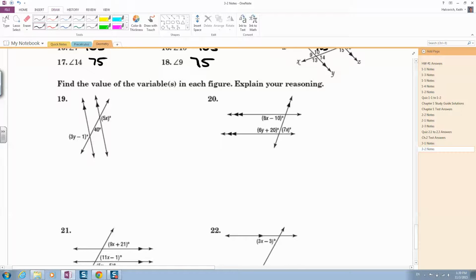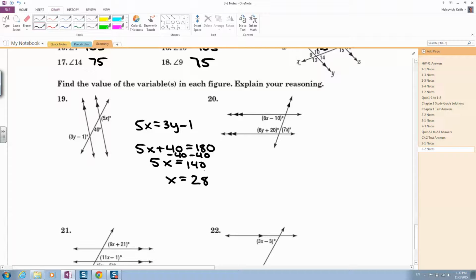Here it says find the value of the variables. These are alternate exterior, so 5x is equal to 3y minus 1. But then I also know that 5x plus 40 equals 180. So when I solve this for x by subtracting 40 and dividing by 5, I get 28 for x.